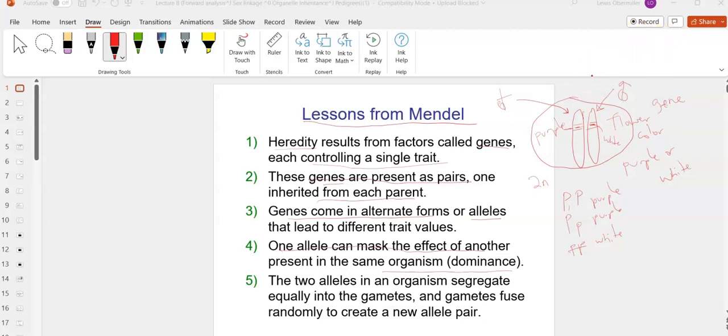And so those alleles segregate. If this particular pea plant were to create gametes, both its purple gamete allele, right, would be one gamete, and it would segregate from the one that was white, which we represent with little p.